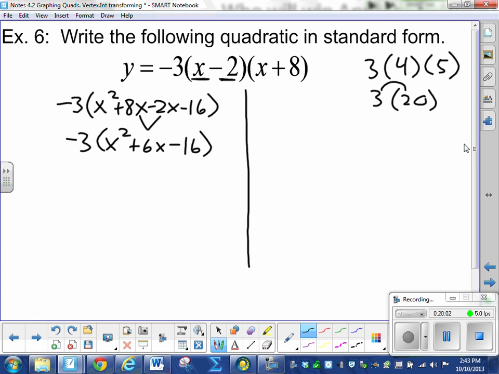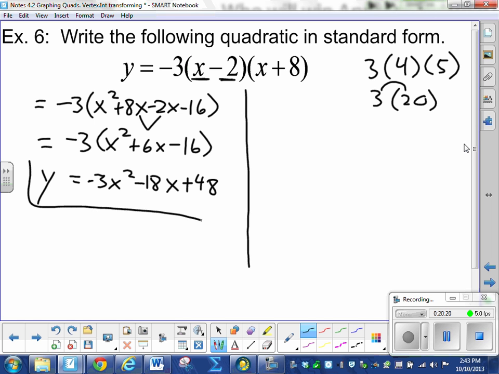So now I can distribute the negative 3, and we'll get a negative 3x squared minus 18x. 3 times negative, that's a positive. 6 times 3 is 18. Carry your 1, 3, 48. So y equals that. That's now standard form. That's if you multiplied the parentheses first.